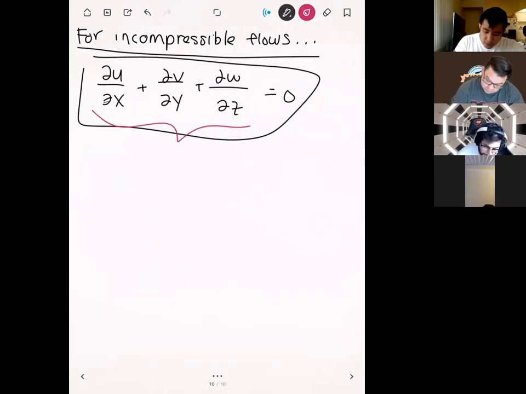This should look familiar because we literally just saw it about 10 minutes ago. This is the divergence of the velocity.